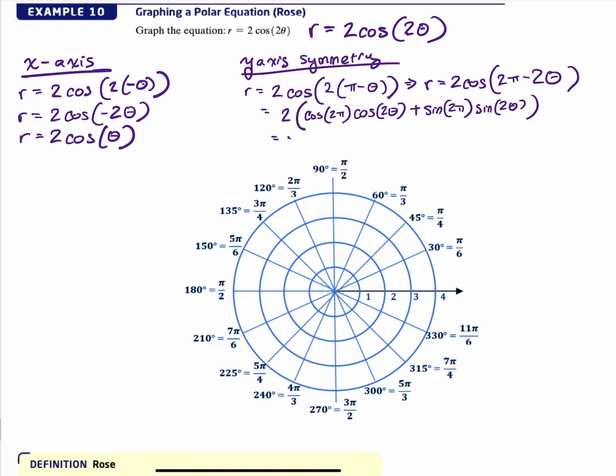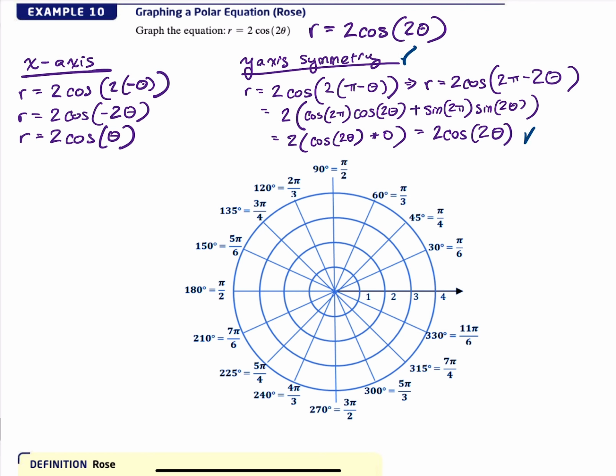The cosine of 2 pi is, no, I'm sorry, the cosine of 2 pi is positive 1, so that will keep that first term. So we get the cosine of 2 theta. And then the sine of 2 pi is equal to 0, so that second term will just become 0. So we get 2 times the cosine of 2 theta, which was our original function.